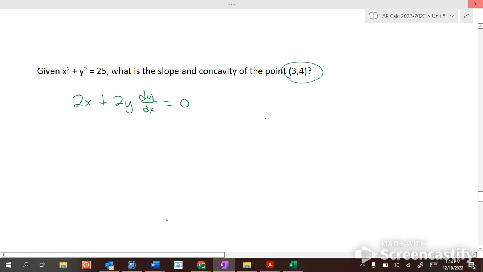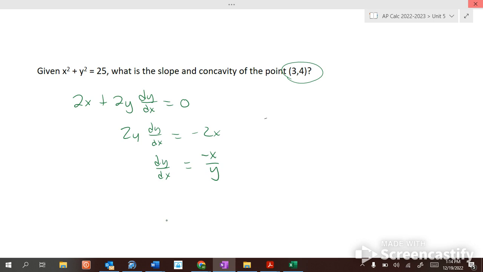So if you solve for dy dx, 2y dy dx equals negative 2x. dy dx equals, if we divide by 2y, we get negative x over y. Okay? So if we stick in a 3 and a 4, dy dx as your slope, you get negative 3 over 4. So the slope is negative at that point, because you stick the numbers in for x and y.